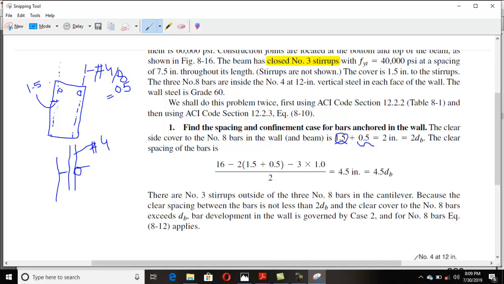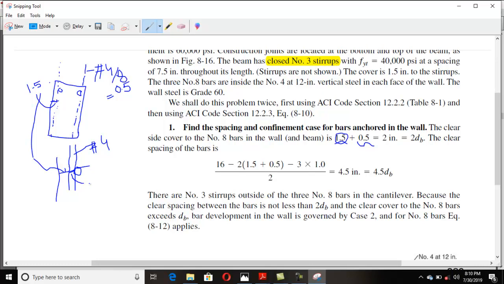The distance up to this point is 1.5, and the distance up to this is equal to the diameter of this number 4 bar. Once you count, you add this 1.5 with the diameter of the bar.